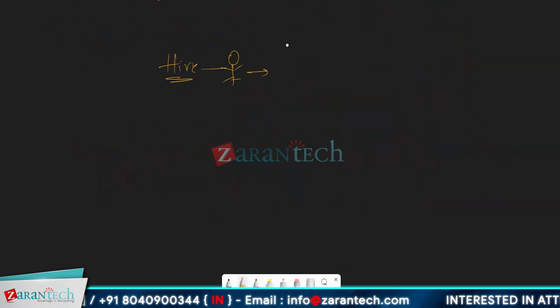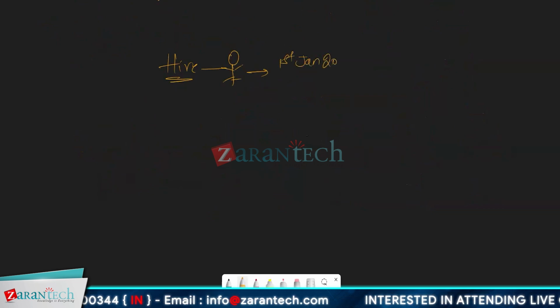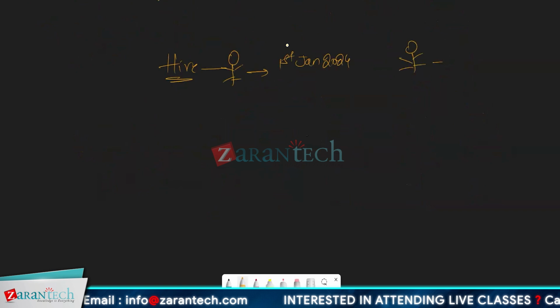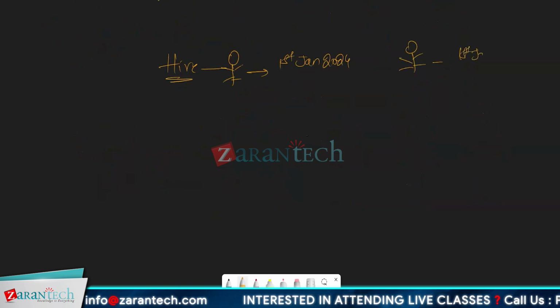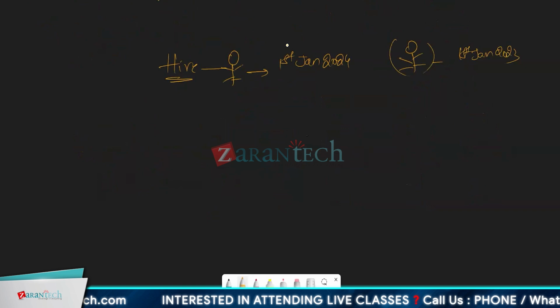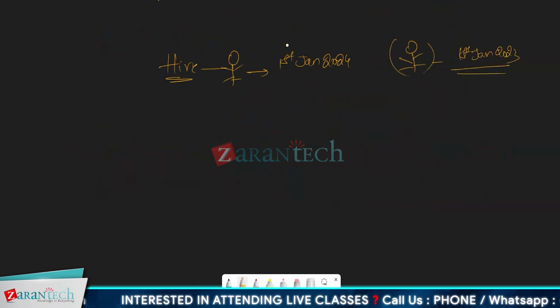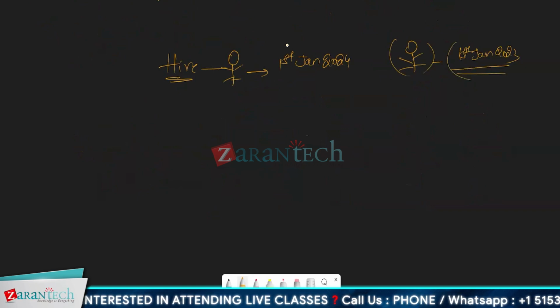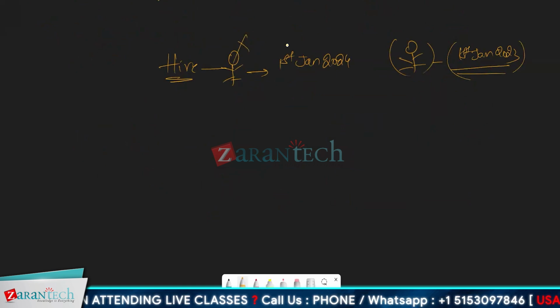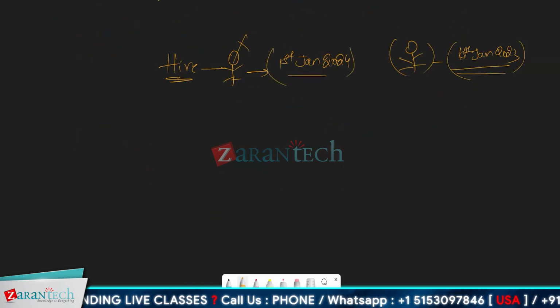So let's say an employee is hired on 1st of January 2024. You have another employee who was hired on 1st January 2023. If you check the number of employees as of fiscal year 2023, you will not see this particular employee because the hire date of this employee is 2024.